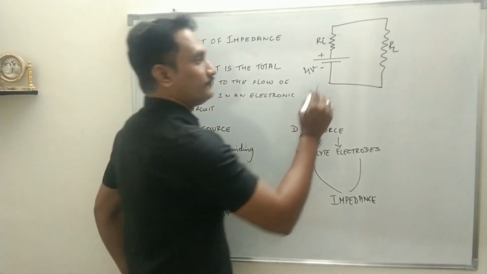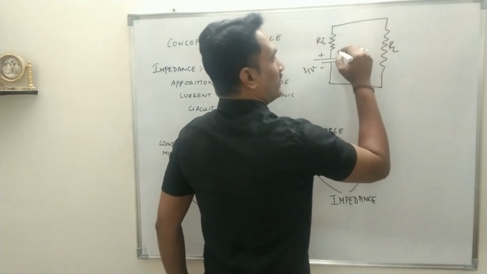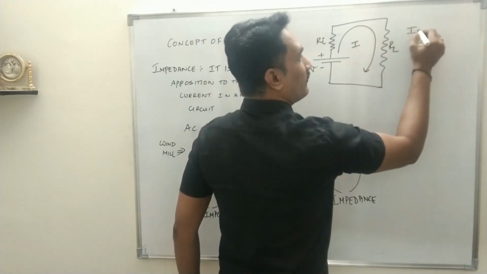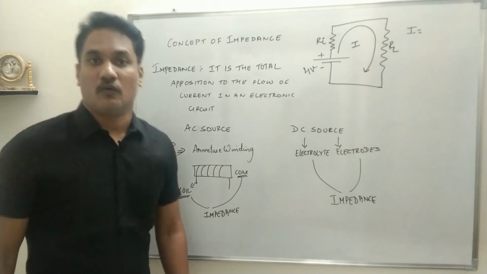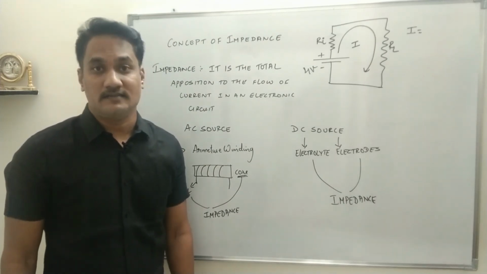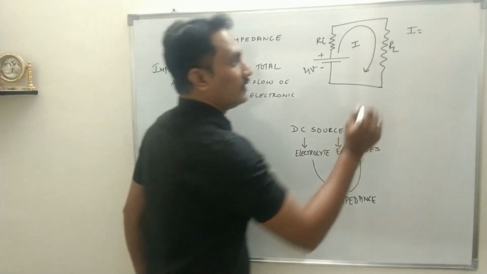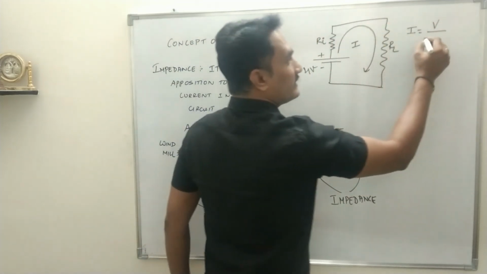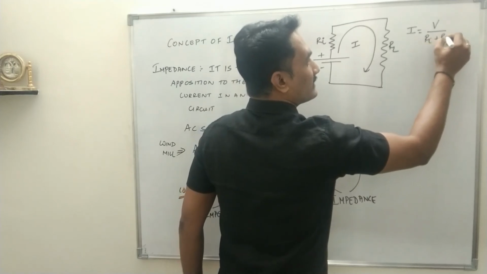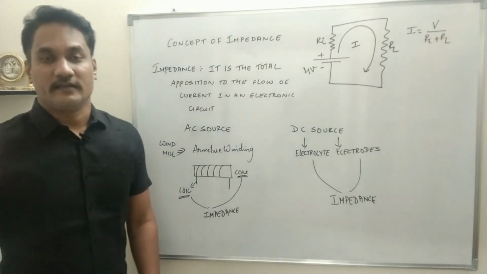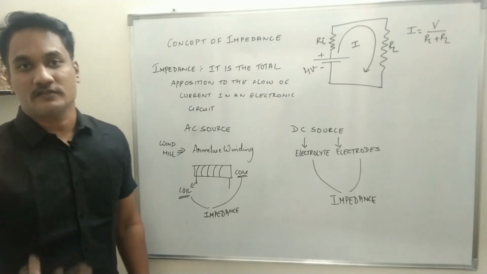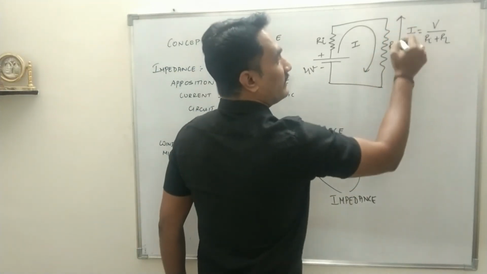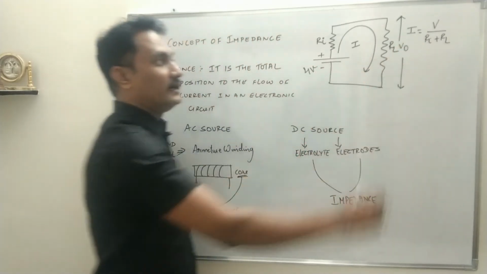Now say the total current flowing in the circuit is I. What is the total current according to Ohm's law? Ohm's law: V is equal to IR, so I is equal to V by R. So I will be V upon the overall resistance in the circuit, which is Ri plus RL. That is the internal impedance of the source and the load resistance across which we will take the output voltage.